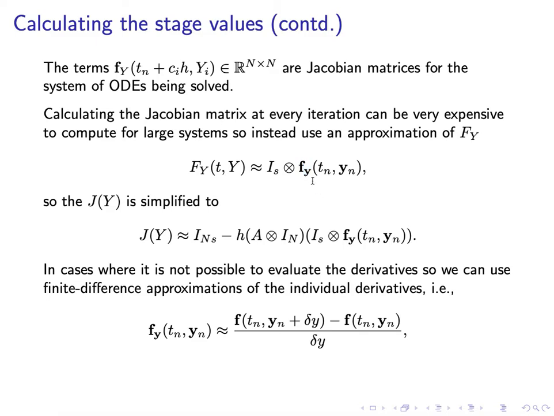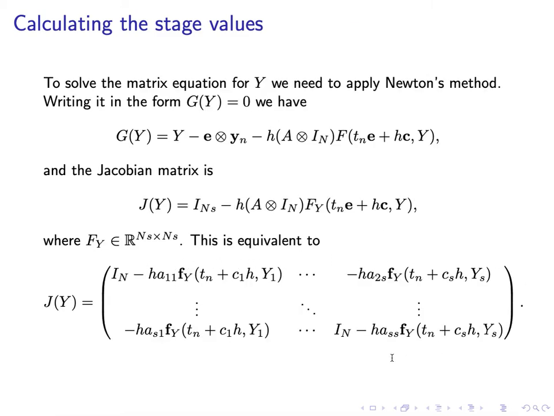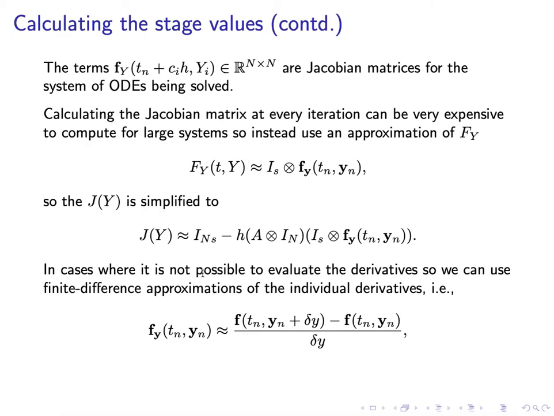That might be y1, y2, y3, or little y1, little y2, little y3, etc. It is a simplification, but remember we're using Newton's method, which is itself an approximation for our big Y values, so that's fine. So our Jacobian for our Newton's method simplifies to this. That's much easier to calculate than all of this.